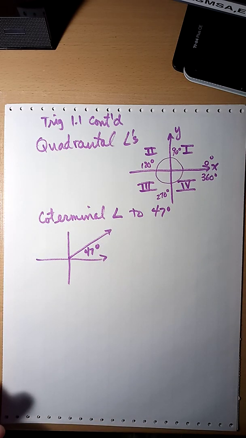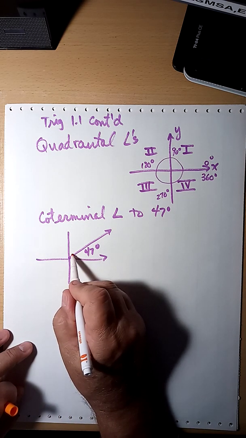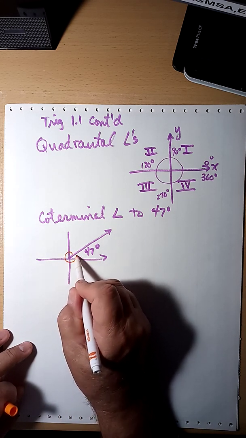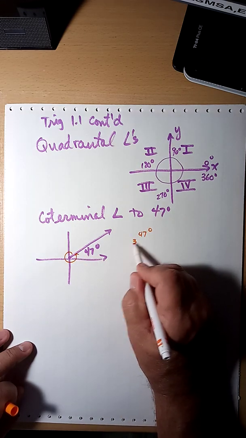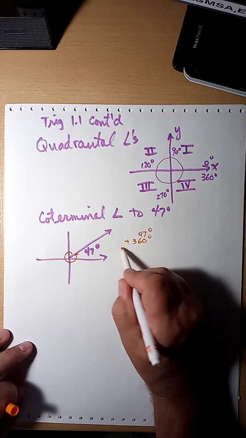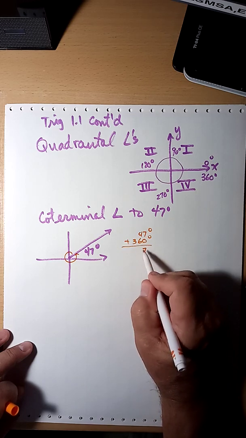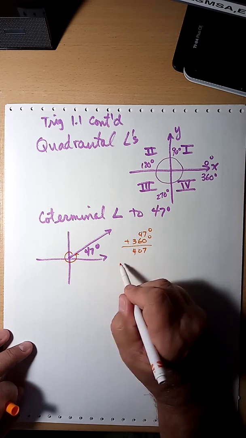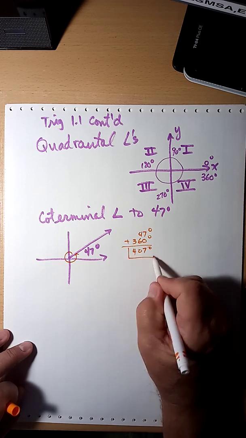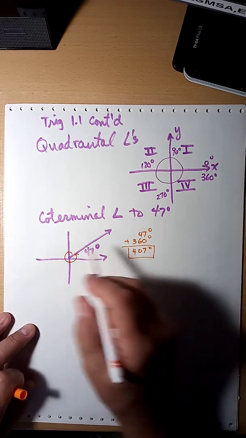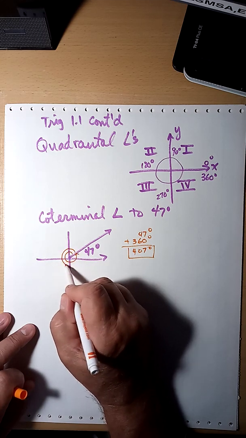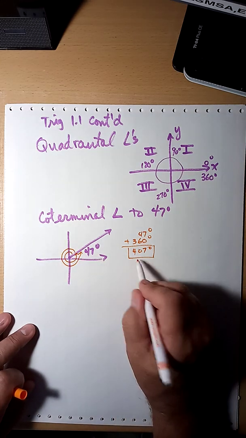In order to find a coterminal angle, we would start at that spot, go around the circle once, so we would add 360 degrees to the 47 degrees. So we get 407 degrees is a coterminal angle. We could add another 360 degrees to that to get another coterminal angle.